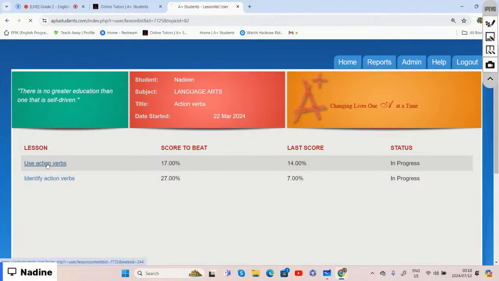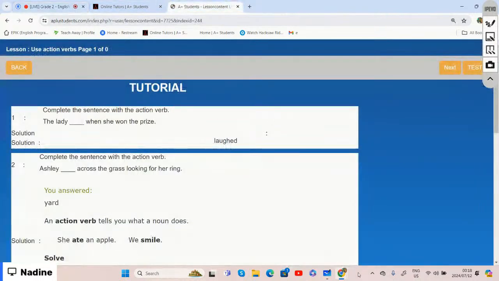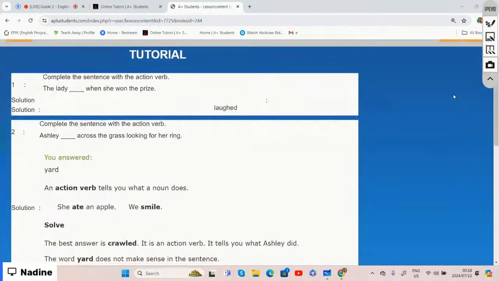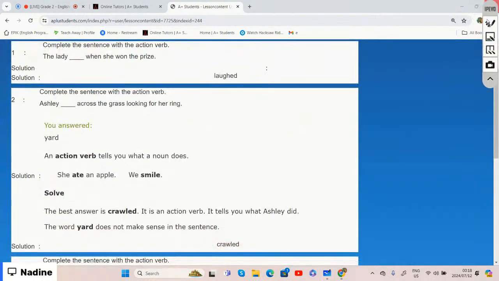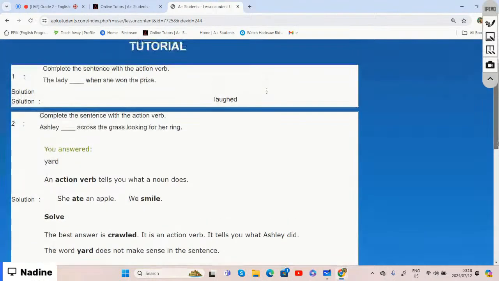All right, so we're using action verbs now. So we said an action verb, it tells you what a noun is doing, right? So it tells you what the noun is doing.